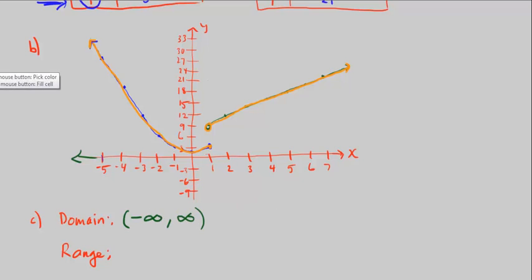Okay, looking at the range, remember we're looking at every y value, so looking at the y-axis, what values of y give us an x output. Okay, so at -9, if I draw a line here, does this green line at -9 pass any of our points in orange in our function?